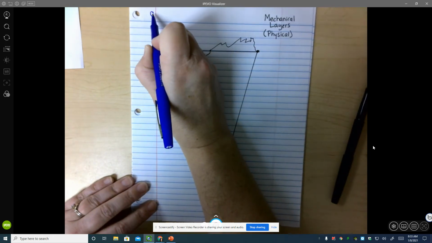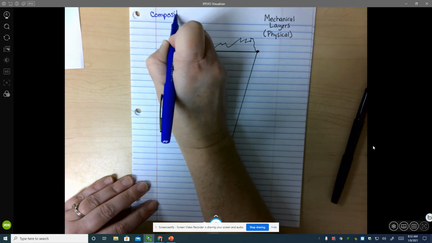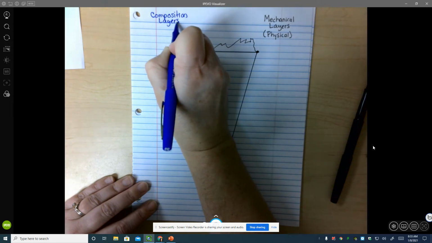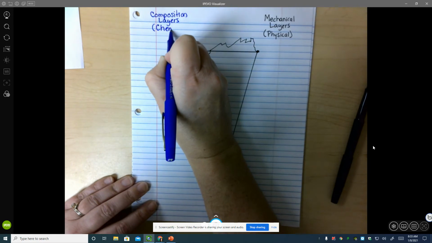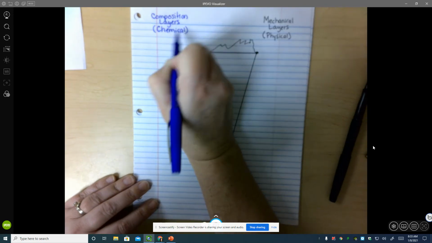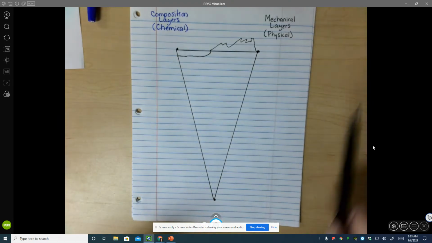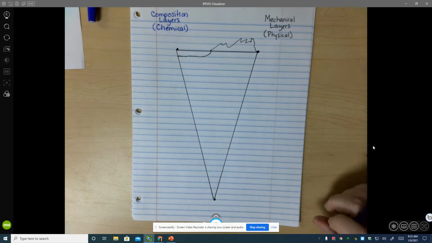It's going to be the composition layers. And these labels will focus more on how they're organized chemically, the chemical features. We've already talked in a previous unit about the physical properties, chemical properties, and so we're going to go with this organization here.